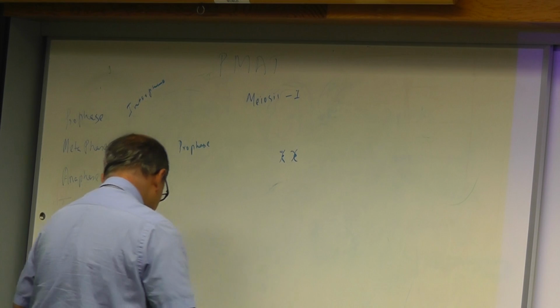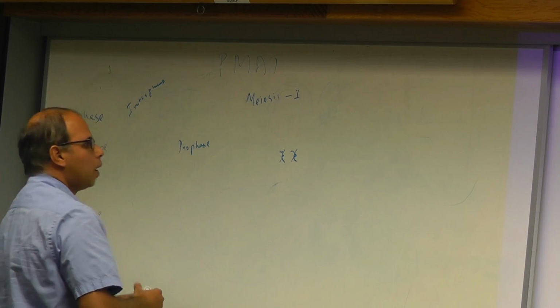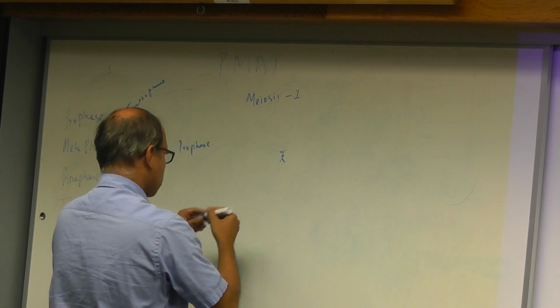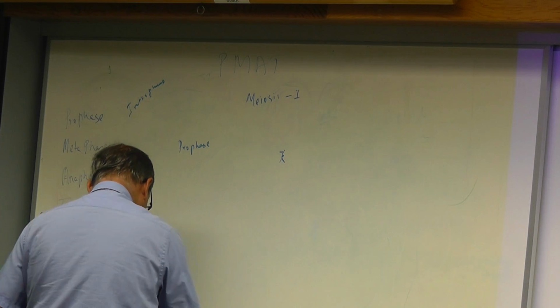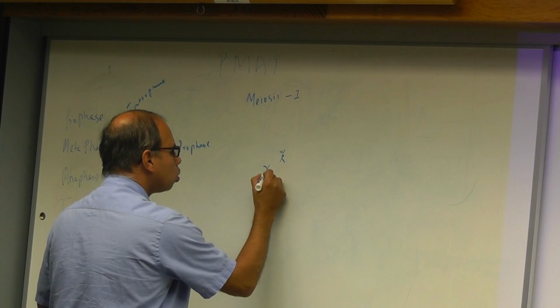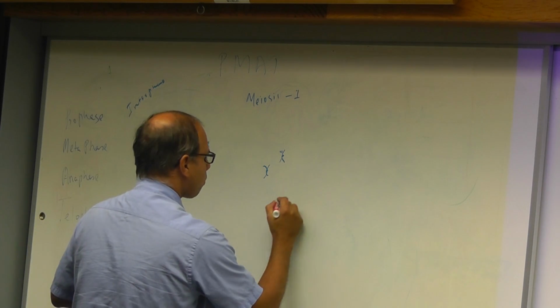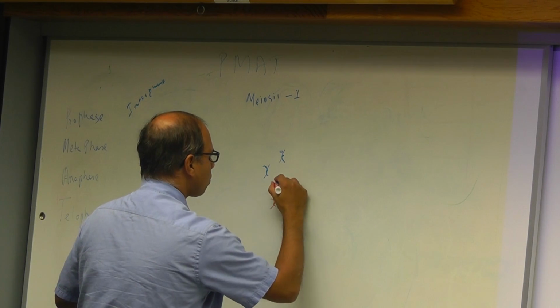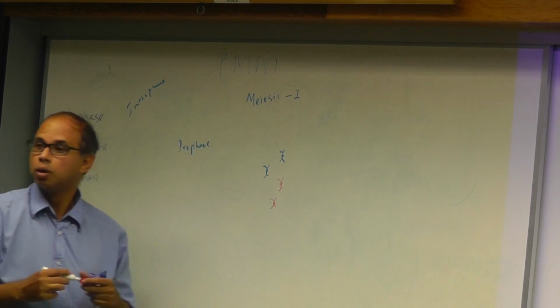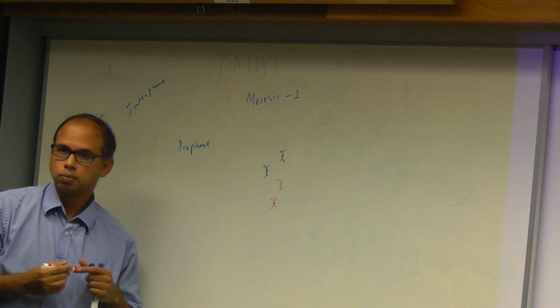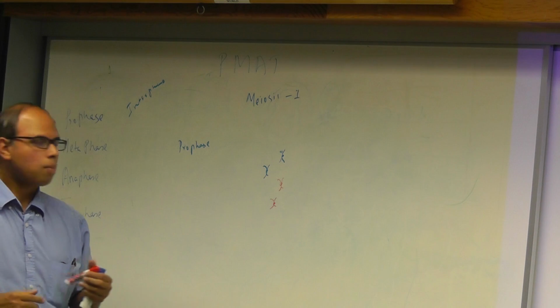And then, let's say it's two organisms, and it's like this. So this is one chromosome pair, and then this is another chromosome pair. Prophase 1. Same thing.